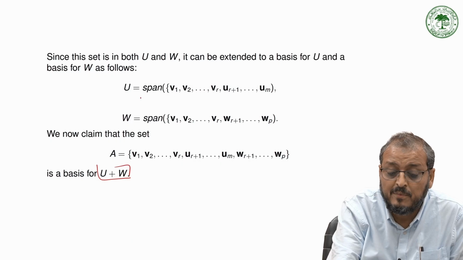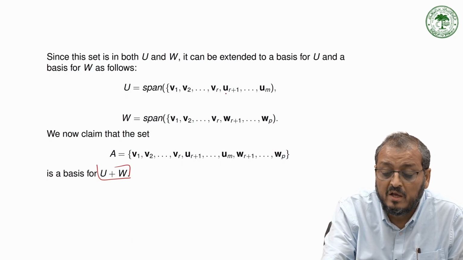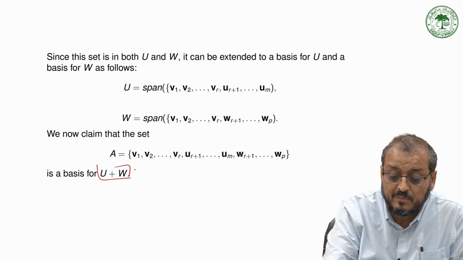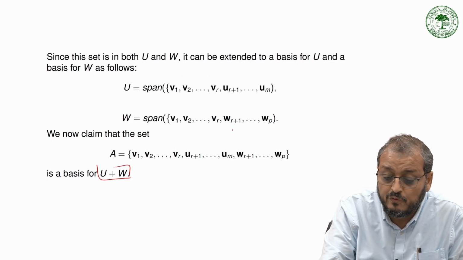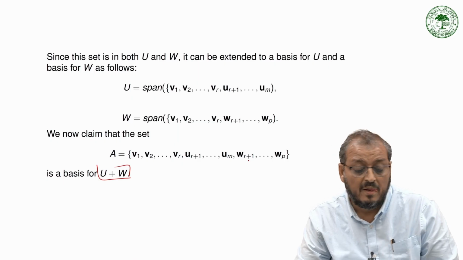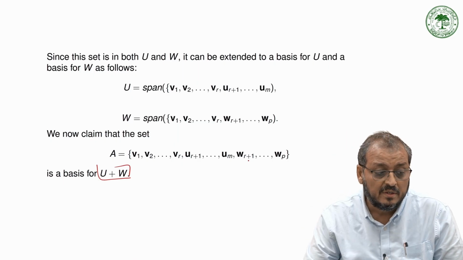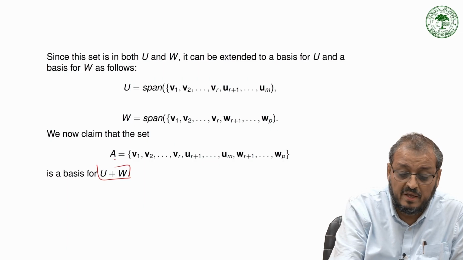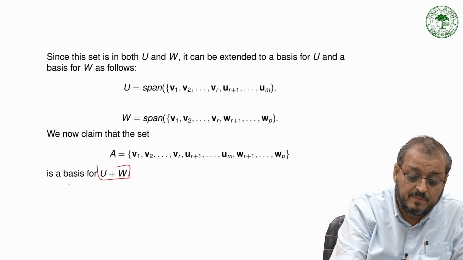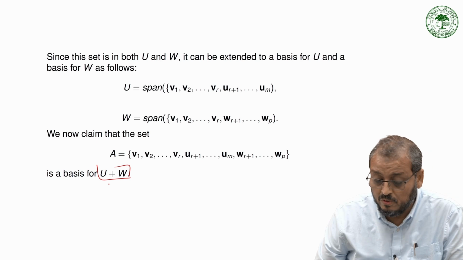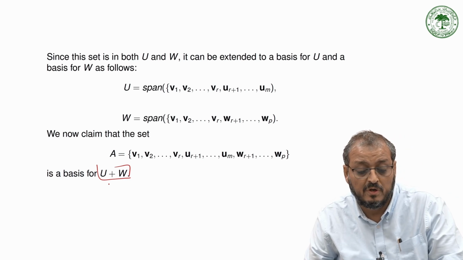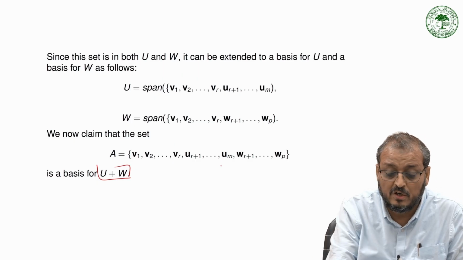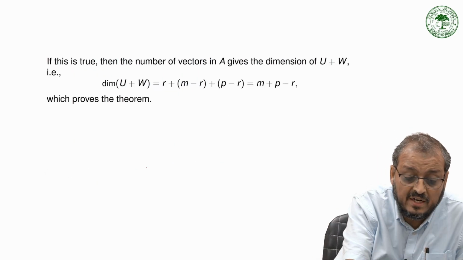The elements of the sum are of this form. If we prove that this set A is a basis for U plus W, then the number of elements of this set is, clearly, as we can say, this is true.